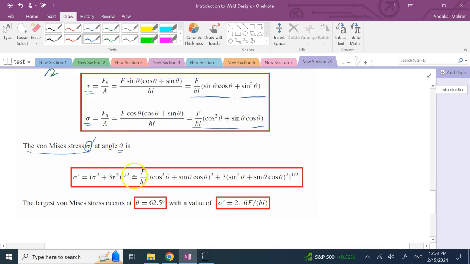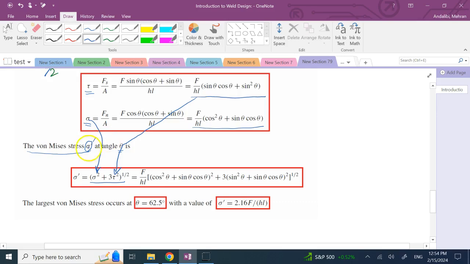Remember, in my previous lecture, I showed you that sigma prime for von Mises, when you only have one sigma and one tau, is the square root of sigma squared plus 3 tau squared. So you plug them in, simplify, and you get an equivalent stress for your von Mises sigma prime.